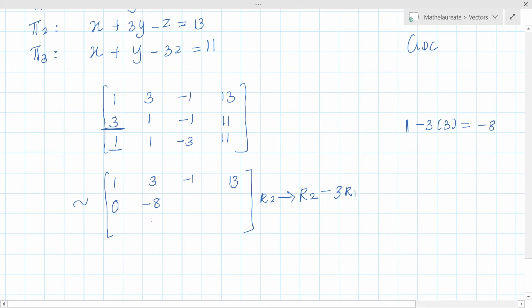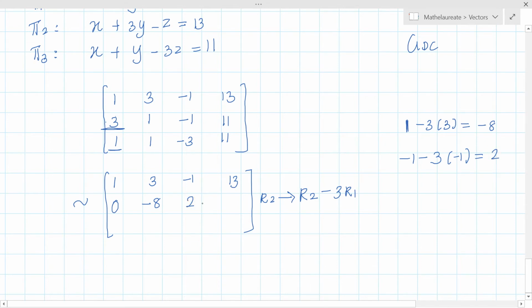Fine. Next, to get the third term in the second row, the rule is R2, which is minus 1, minus 3 times the corresponding term in R1, which is minus 1. Minus 1 plus 3 will give a positive 2.